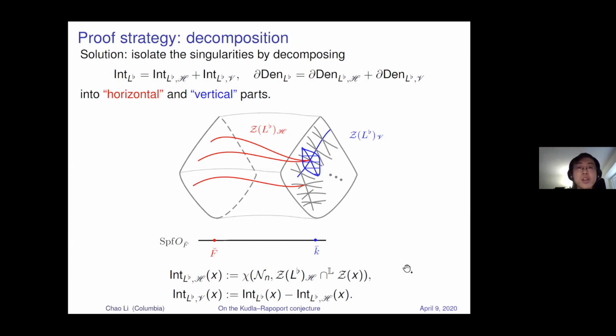So the hope is that we can understand the horizontal part quite effectively and control the singularity, and for the vertical part, I can reduce to an algebraic geometry problem over the residue field, and hopefully have more tools from algebraic geometry to deal with it.